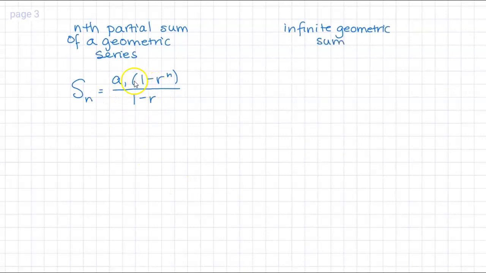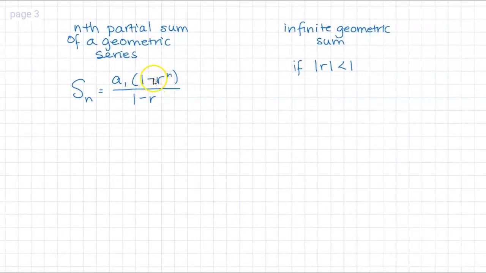Well, take a look at this formula here. The key is going to be this part right here. If the absolute value of r is less than 1, then when you start raising r to the nth power, when you go towards infinity, that's going to get smaller and smaller, and this is basically going to become 0.